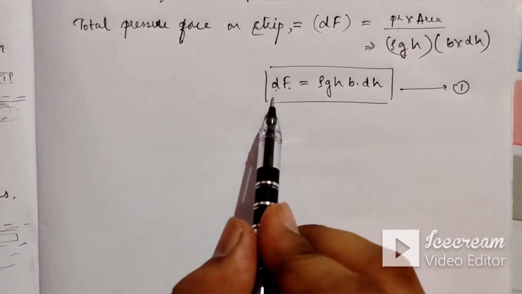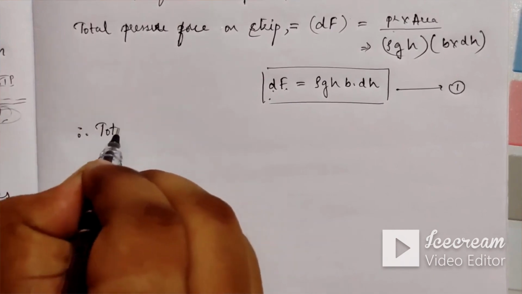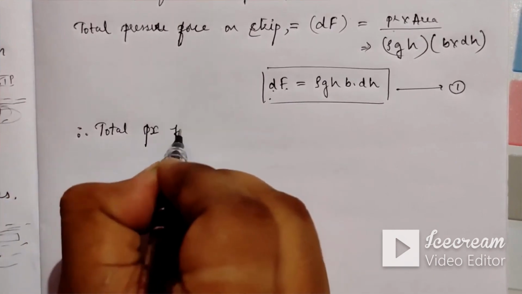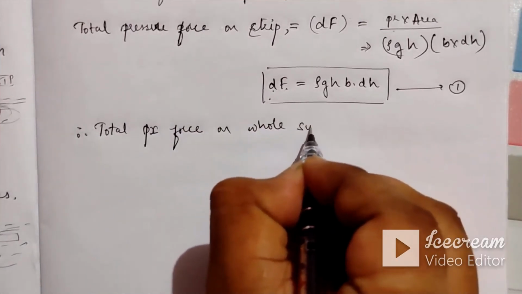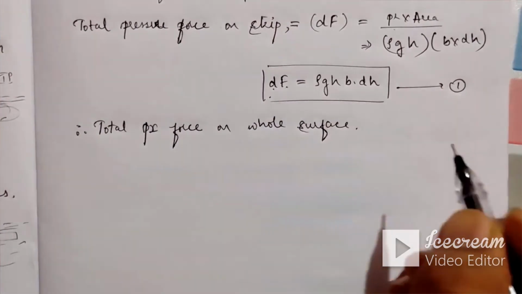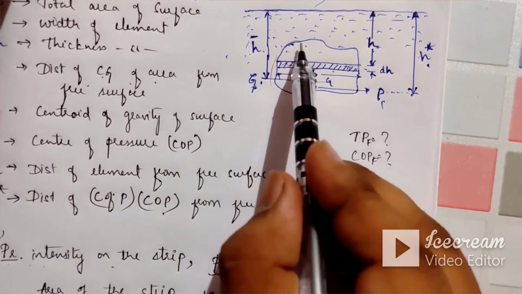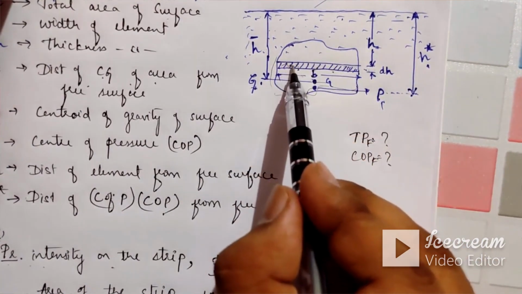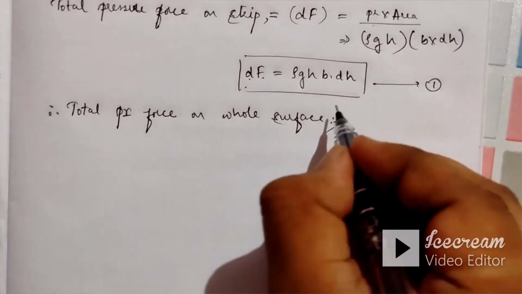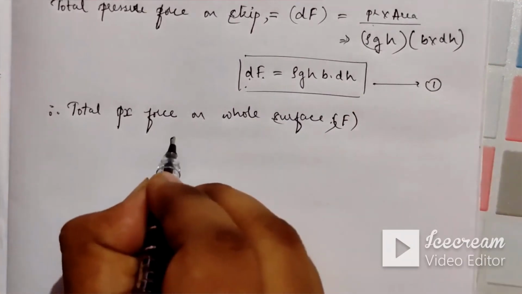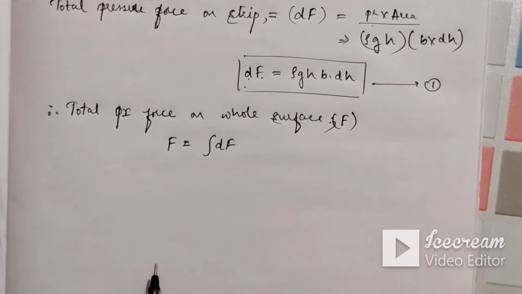So I found out the total pressure force on the elemental strip. Now I want the total pressure force on the whole surface. I calculated the pressure force on this element; now I want it for the whole surface. Just integrate this. So total pressure force on the whole surface I will denote as F. So F is equal to the integration of this small dF.